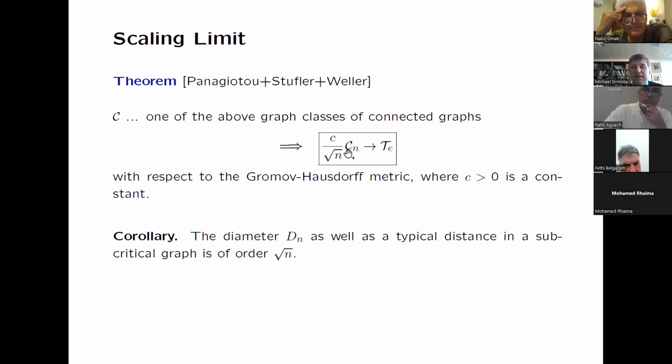This is a weak limit, and the diameter is a continuous functional. So from this weak limit, you also get a weak limit for the diameter because it's a continuous functional, and therefore the diameter is just scaled by square root n and has a limiting distribution.